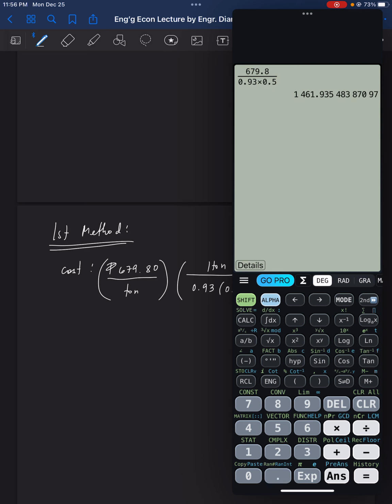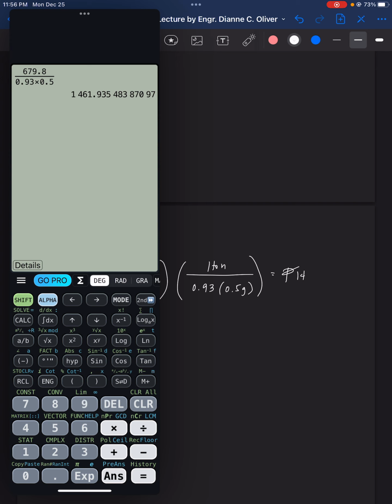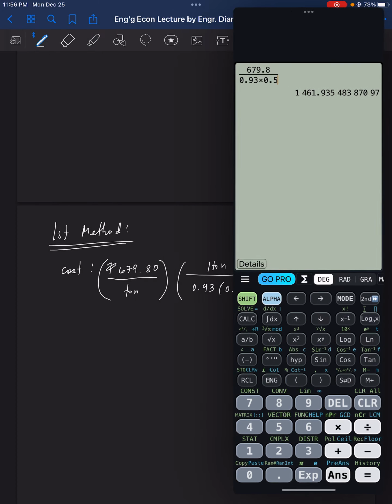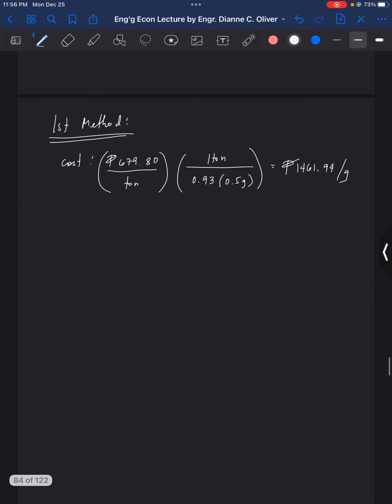So this is 1461.94, and this is per gram. The net income now here is equal to the price of gold, that is 3,502 pesos per gram, minus the 1461.94 per gram.